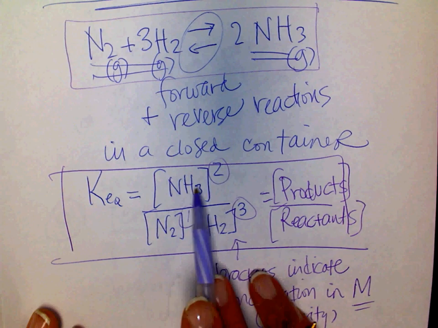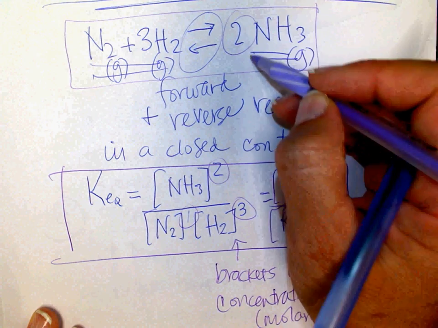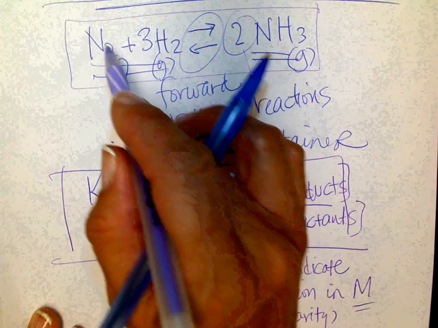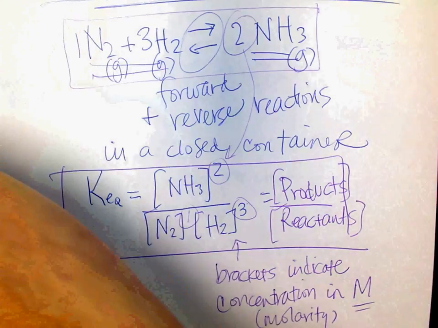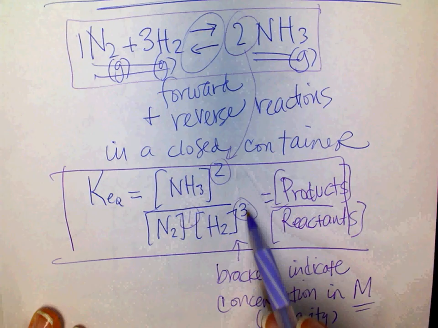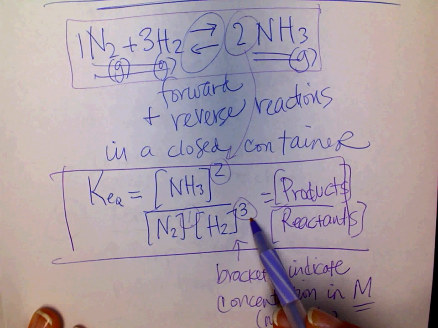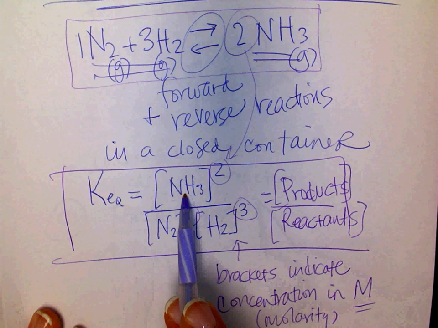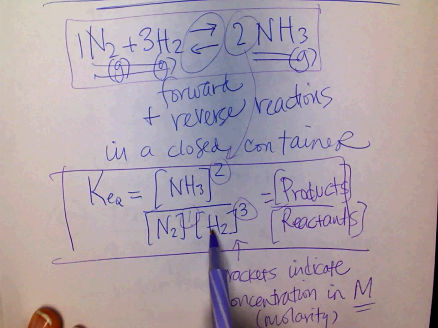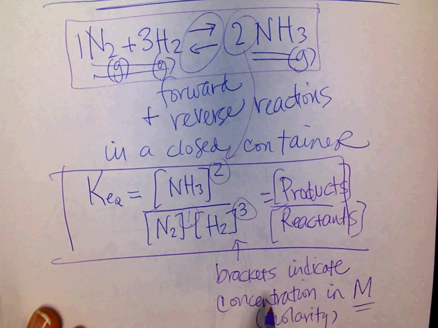You see how this coefficient became an exponent, didn't it? What happens to this coefficient of 1? It came down here and became an exponent. This coefficient of 3 came down here and became an exponent, right? Products are always in the numerator. Reactants are always in the denominator. And the brackets tell us that we're looking at concentrations.